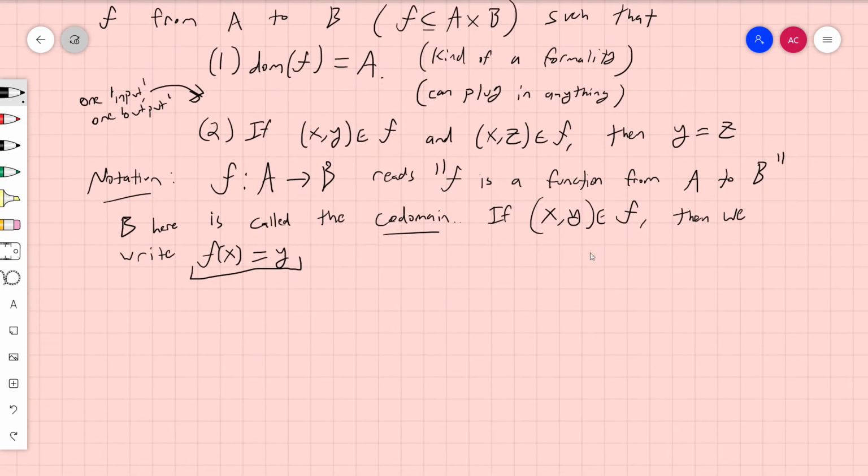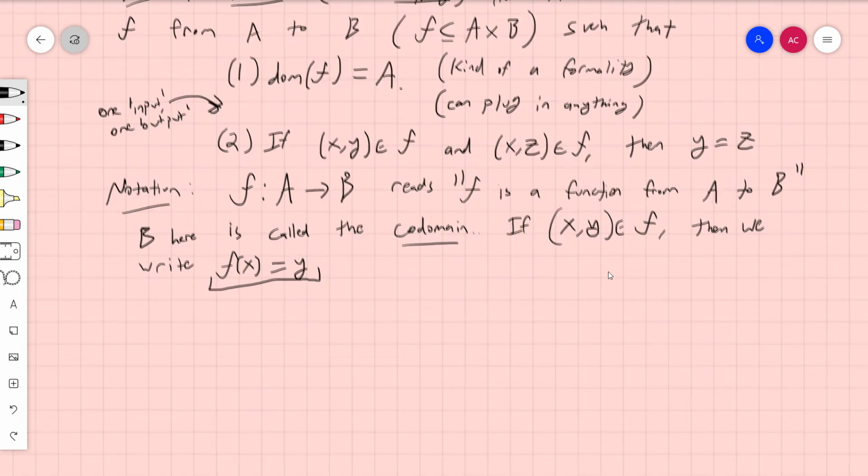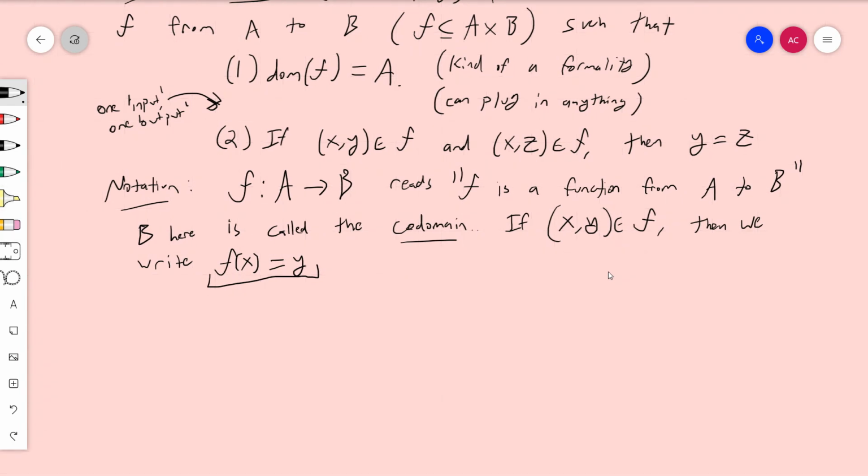Let's do some examples. So here's an example, just to connect back to computability theory. The transition function of a Turing machine.